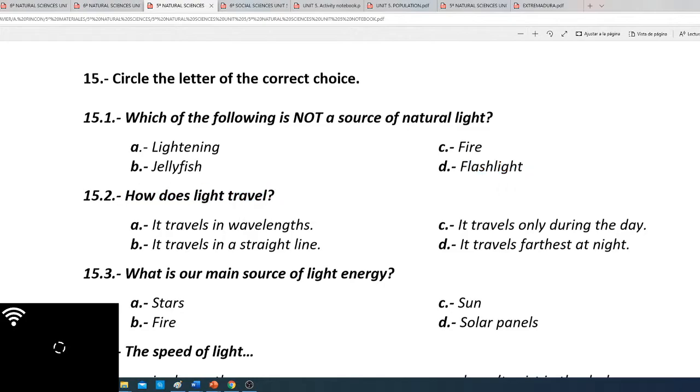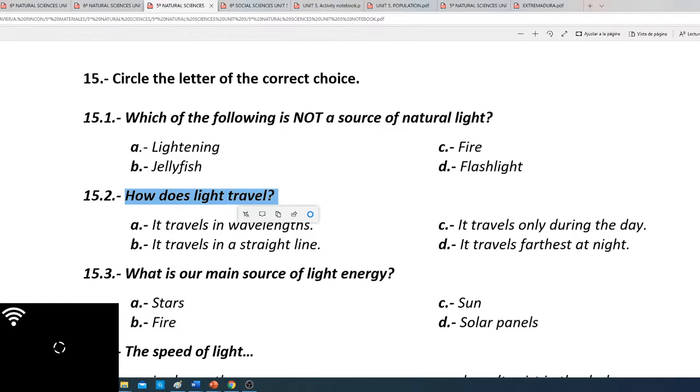So, how does light travel? And this is a little bit difficult. A, it travels in wavelengths. B, it travels in a straight line. C, it travels only during the day. D, it travels farthest at night. What do you think is the correct answer?